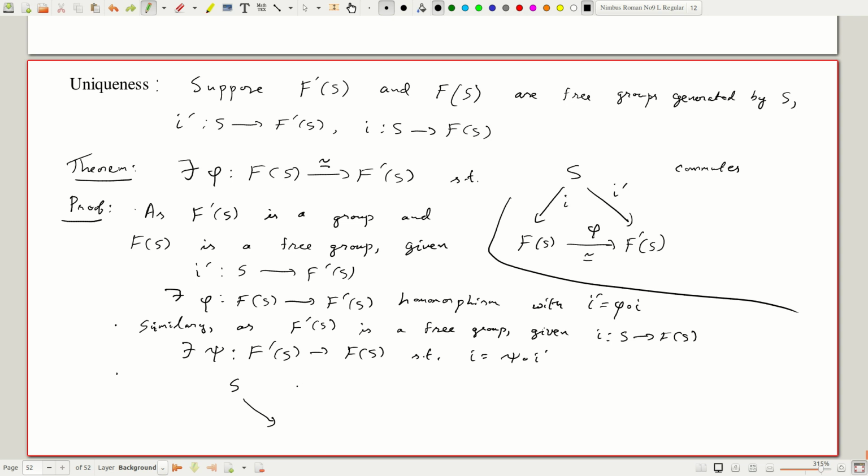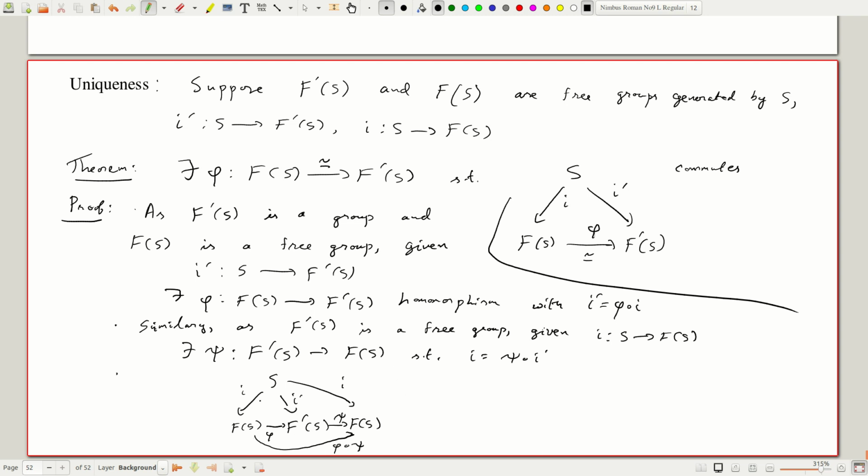We have S, which is mapped by I to F of S, which is mapped by phi to F prime of S, and which is mapped by Psi to F of S again. Here we have I prime, and here we have I. Notice we haven't used uniqueness yet. So what is this map? This is Psi composed with phi.